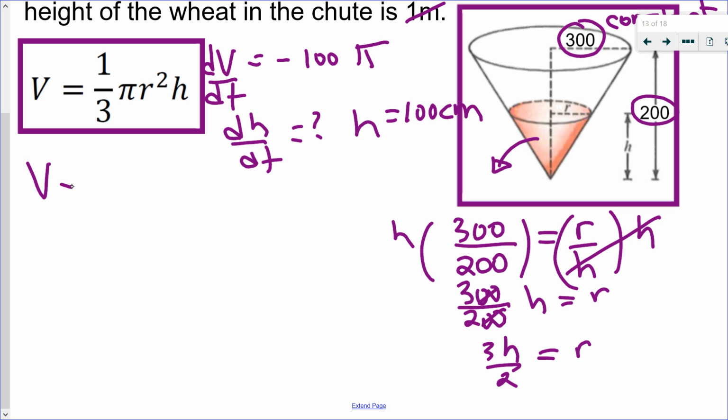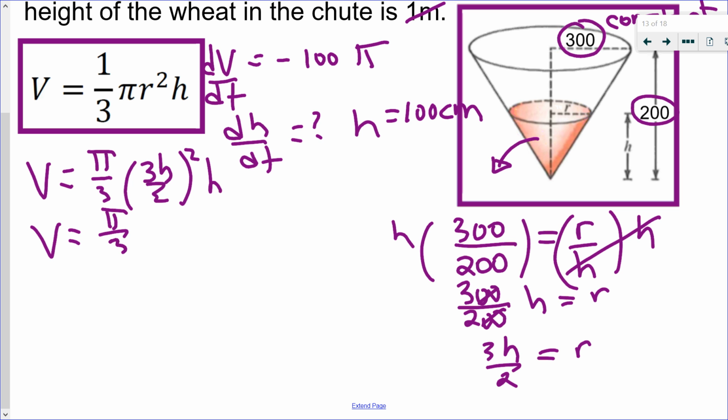So volume is equal to pi over 3 times the radius, which is now 3h over 2, squared, times the height. So volume equals pi over 3, 3 squared is 9, h squared over 2 squared is 4, times the other height. So height squared times height is altogether height cubed.